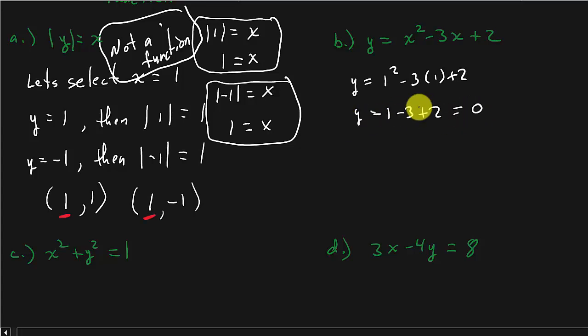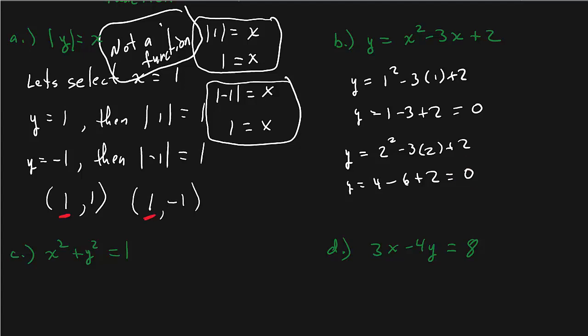Well, no. Let's plug in 2. So I get 2 squared minus 3 times 2 plus 2, which is y equals 4 minus 6 plus 2. And that's actually 0 also, isn't it? So I'm not getting two different y values.